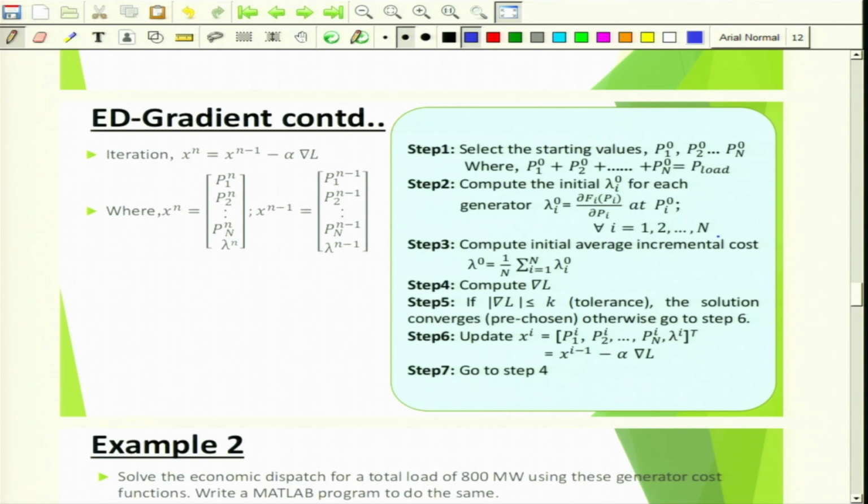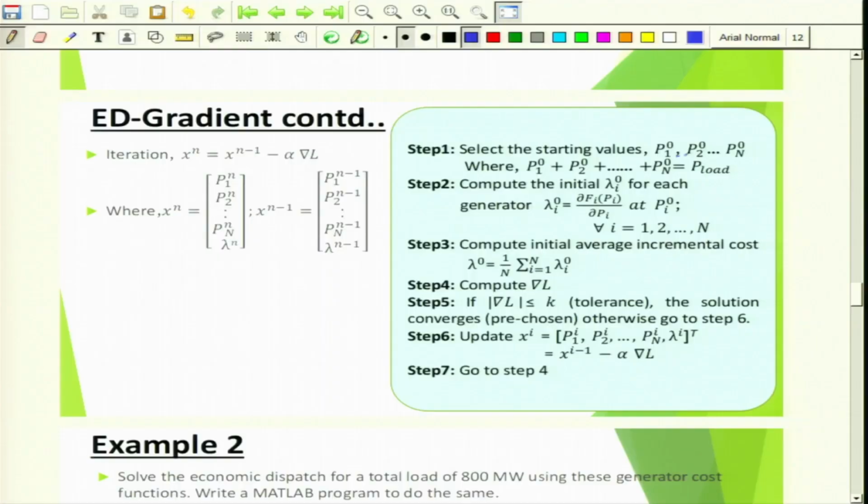In the lambda iteration approach, we chose a specific lambda for which we calculated the generation. Here it's the opposite way. We assume some random generation value for each generator, such that the total generation equals the total load.